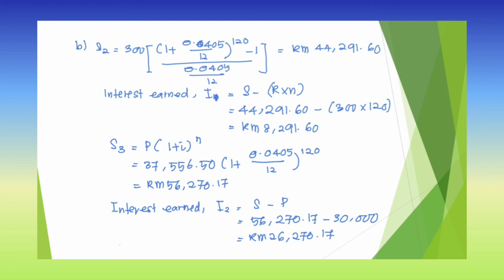So the total interest is I1 plus I2, which is 34,561 and 77 cents.